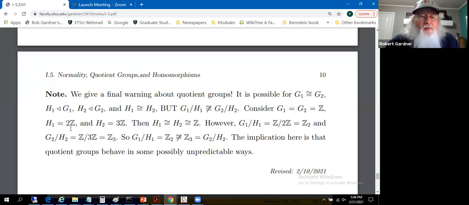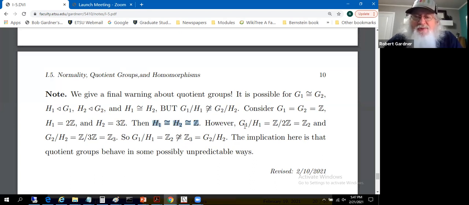I can easily find a homomorphism between the integers and twice the integers as an additive group. Just take the integers and multiply all of them by 2. That's an additive group homomorphism. Or multiply them all by 3, an additive group homomorphism, isomorphism in fact. So H1 and H2 are isomorphic to each other. In fact, they're isomorphic to the integers. Isomorphic to each other was what I was interested in.